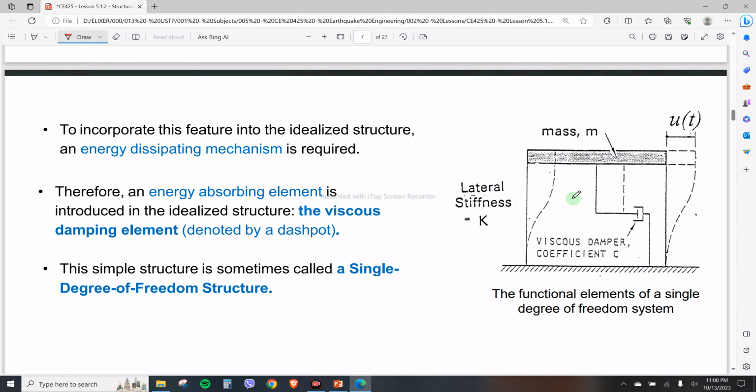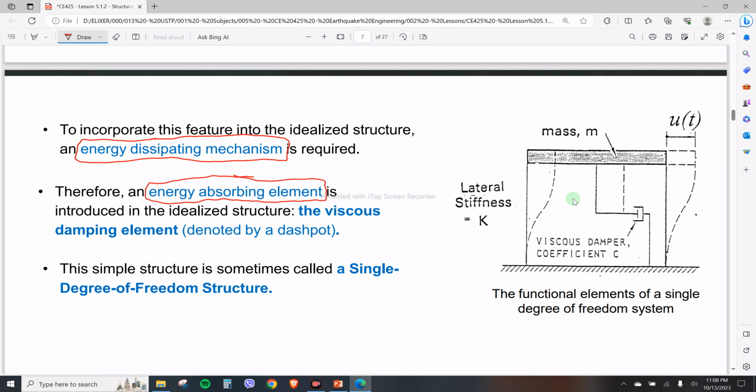We try to add an energy dissipating mechanism, so that our idealized structure will go from an unrealistic response to at least close to realistic. So we try to add here an energy absorbing element.